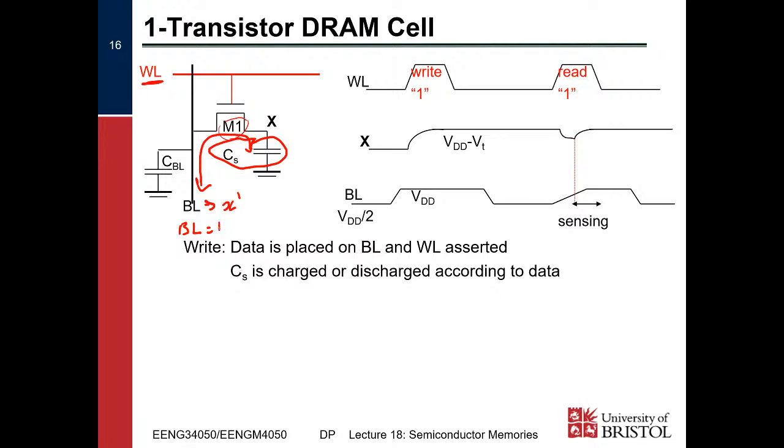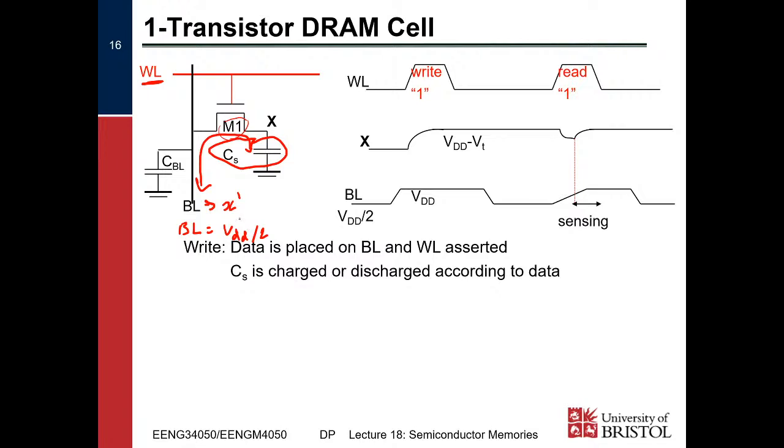If we want to read, what we do is we pre-charge bit line to 1, right? And then what we do, oh, is that right? What have we done here? No, okay. It doesn't really matter what you set bit line to, but in the diagram bit line is VDD by 2 by the looks of it, yeah.